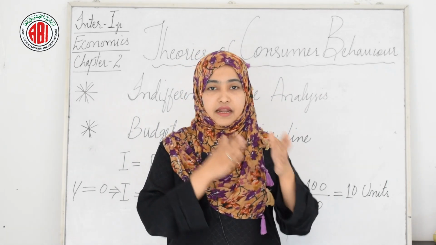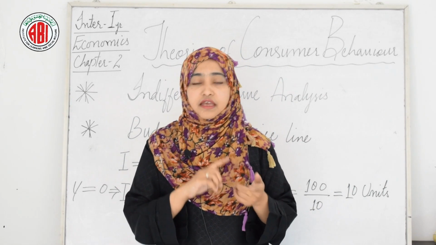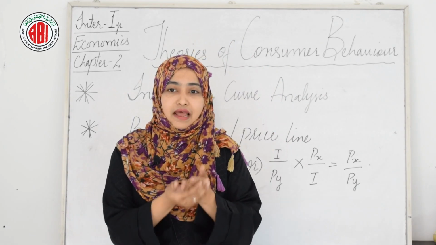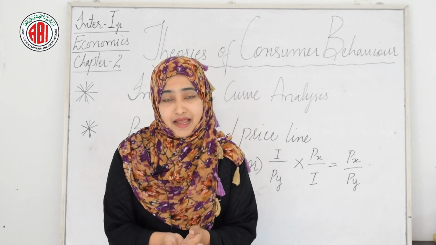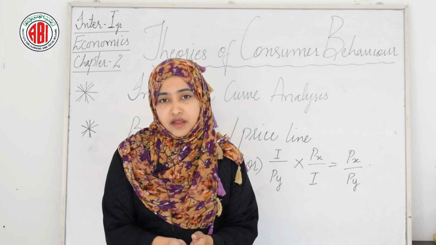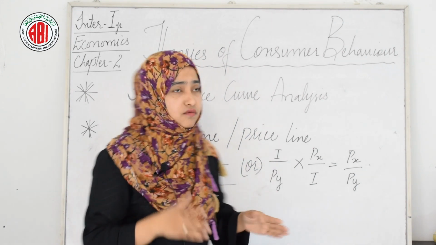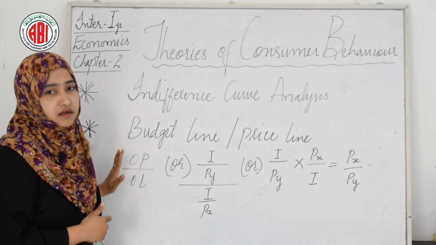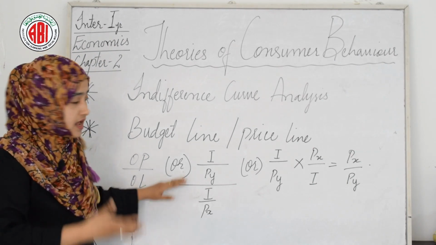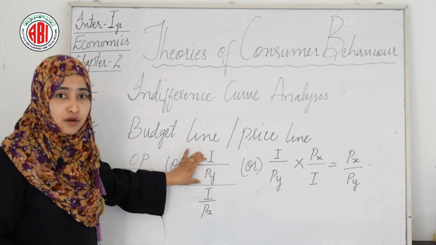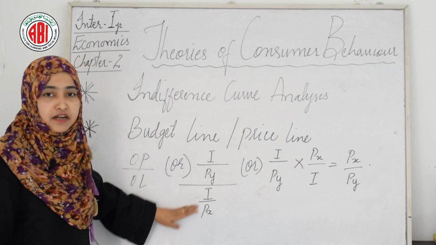Here the PL line in that figure indicates the price line, and the slope of the budget line or the price line is equal to OP divided by OL, or (I/Py) divided by (I/Px).